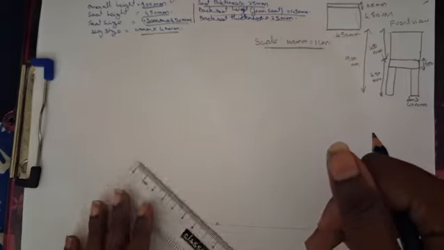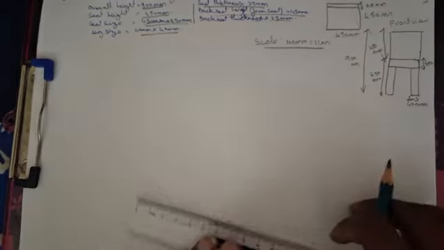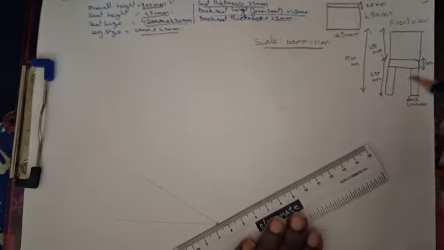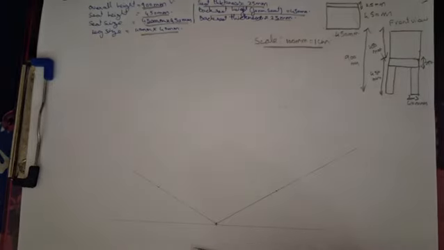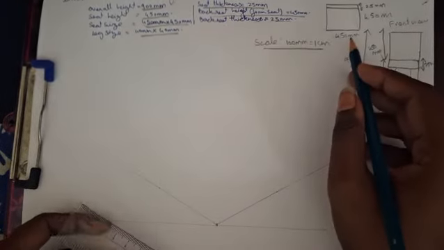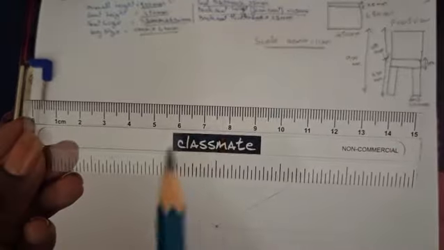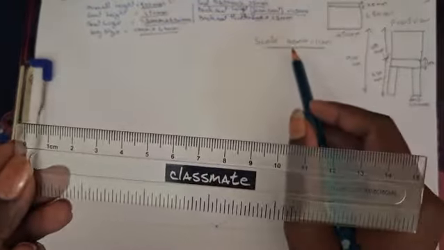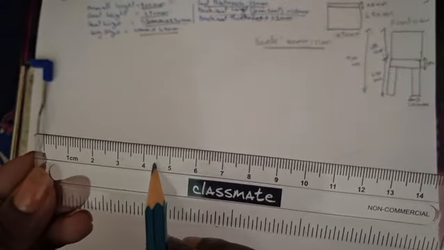So I am going to draw a 30 degree line on either side, and mark 450 mm. I am using the normal scale. As I mentioned, 100 mm is equal to 1 centimeter, so 450 mm will be 4.5 centimeter.